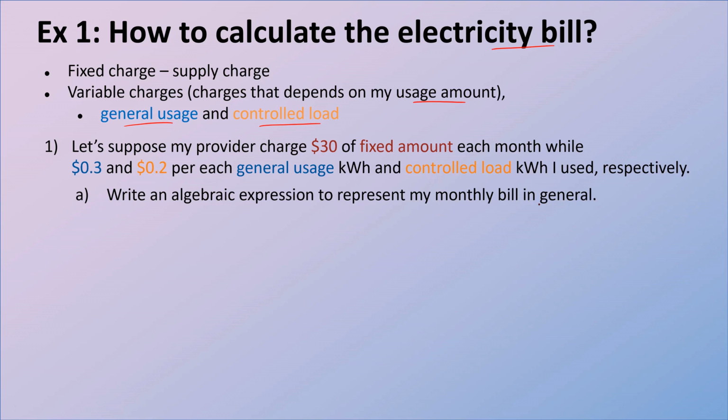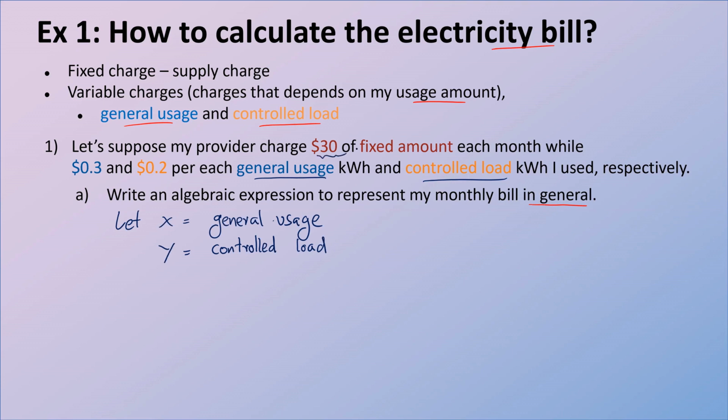So we're going to write a very general formula that I can use for any month. Since there are two variables, general usage and controlled load, I need to define two variables for them. I define x as the general usage while y as the controlled load. Now we can write our expression.